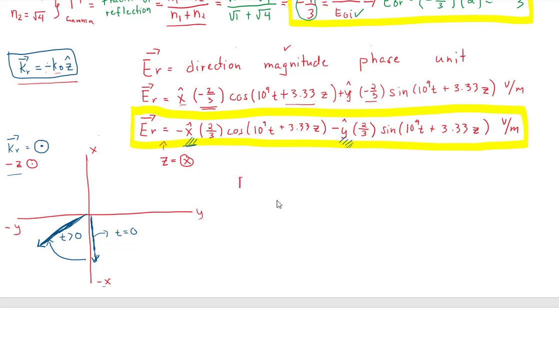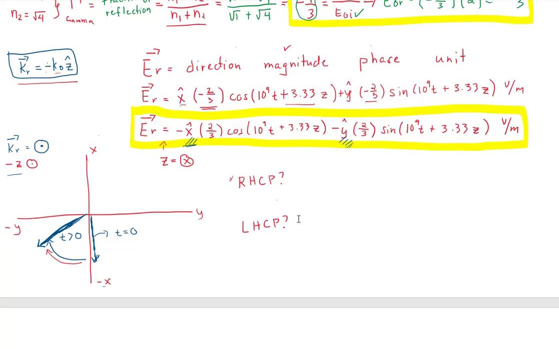Is it RHCP or is it LHCP? And again, last video we asked the same question towards the end, and I said we just have to pick and try it out. Let me pick RHCP right now and see if that fits the description of this transition. So we know that k sub r is coming out of the page, so I'm trying out RHCP.